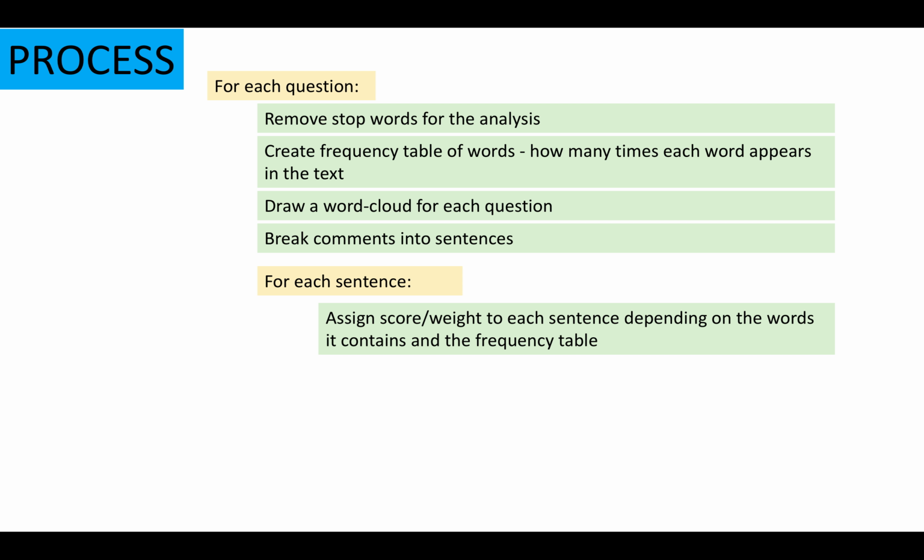We assign a score to every sentence based on the words that make up that sentence and how many times those words have been repeated, doing a calculation to find the value of every word in that sentence, adding it together and creating an overall weight for that sentence.